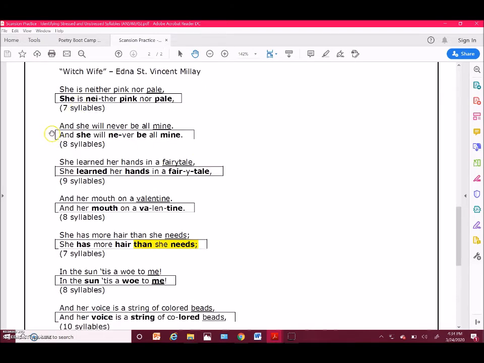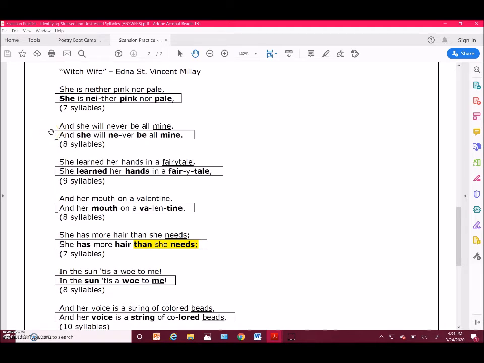Alright. What about this line? And she will never be all mine. Well, and she, I know I hear it on she, and she will never be all mine. I know for sure ne and be and mine. Let me say it the opposite way to see how it sounds.